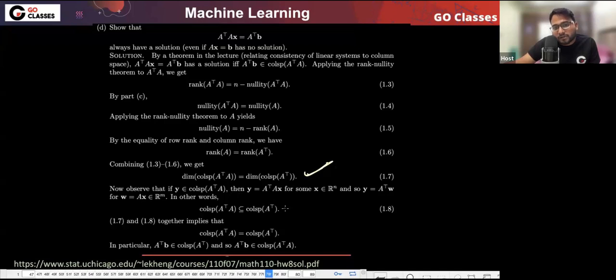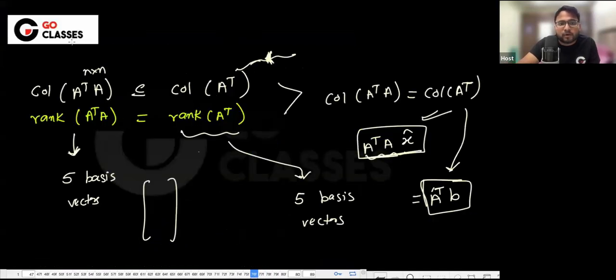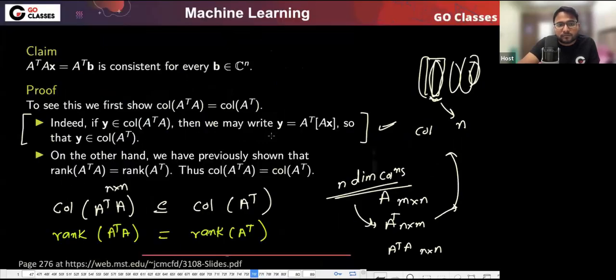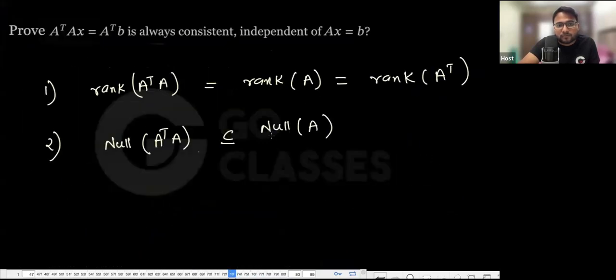So ranks are equal, and this is the subspace using these two. Sorry, the null space is actually the same. I think by mistake I wrote null space. Column space is a subspace; null space is actually the same for both of these.